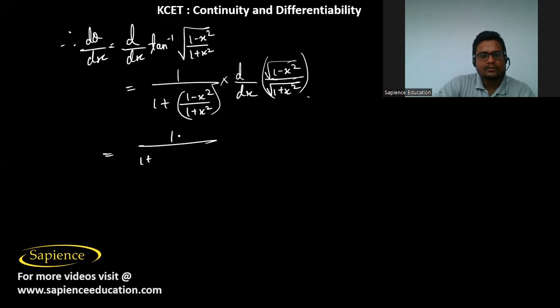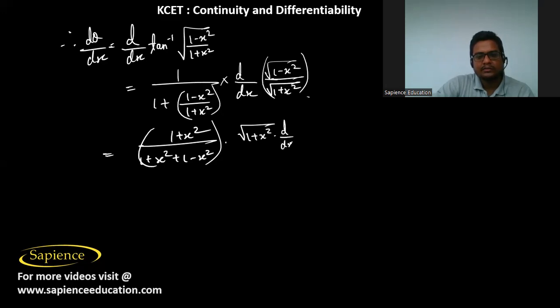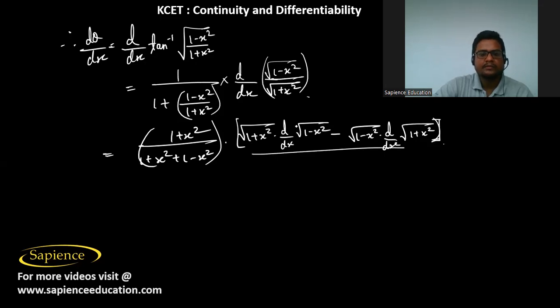So this will be equal to 1 by 1 plus x square by 1 plus x square plus 1 minus x square into d by dx of this. So this will be root over 1 plus x square into d by dx of root over 1 minus x square, minus root over 1 minus x square into d by dx of root over 1 plus x square, divided by root over 1 plus x square whole square.